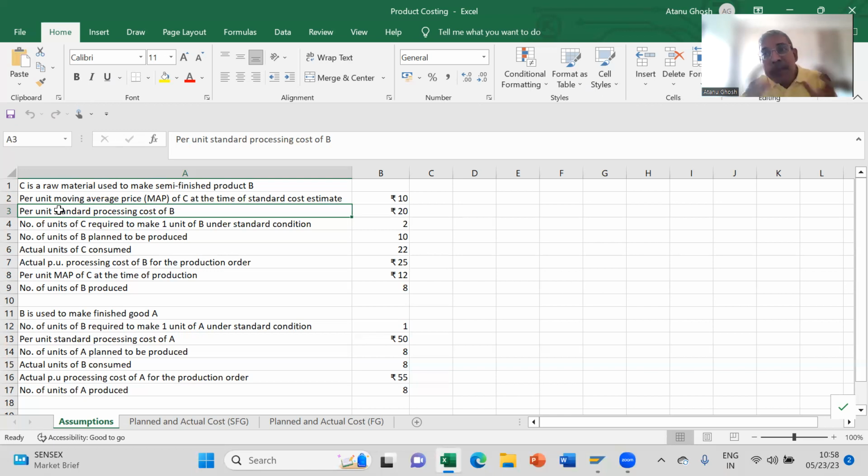So this is an estimated value that is done at the beginning of the standard cost estimate, and says that for making B, you need so many hours of labor as standard, so many hours of machine, so many hours of setup, etc. Then you multiply that with the rate of using the machine for 1 hour.